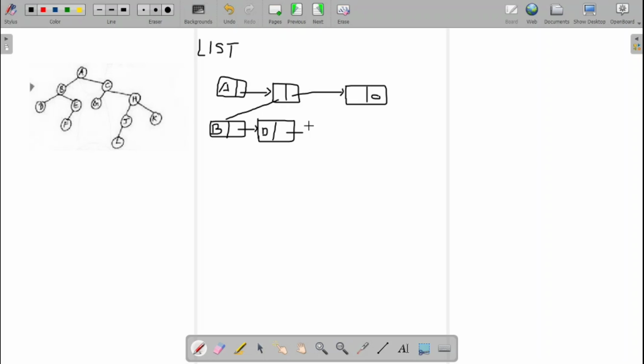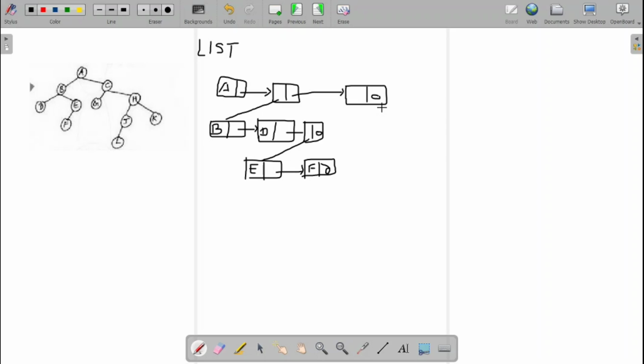Then next, one more is your E. How many children is the E having? E is having only one child, that is F. This is D.